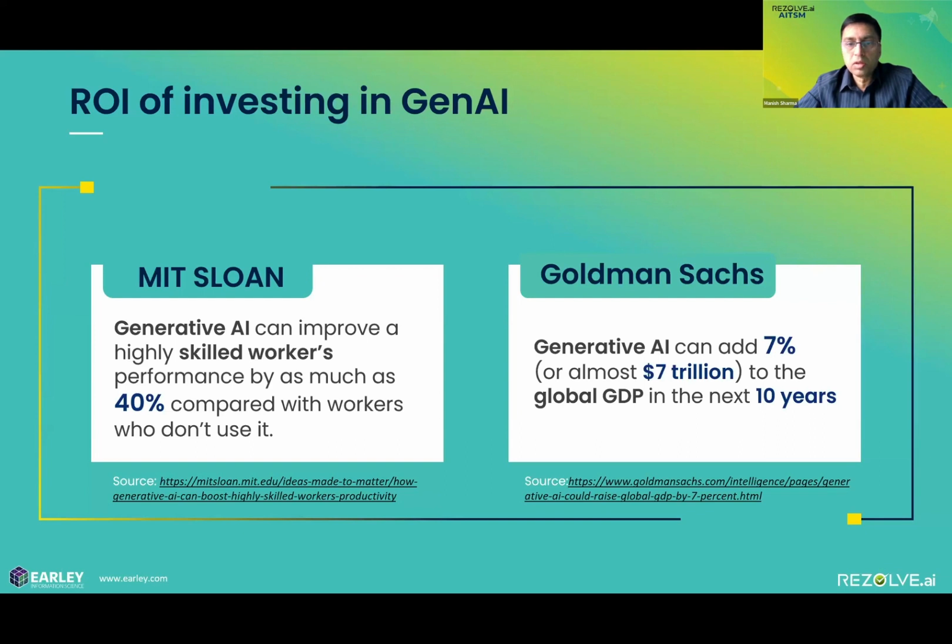Goldman Sachs believes that almost 7 trillion of GDP will be added worldwide. So these are the kind of projections being made right now globally, which is a significant number. What that tells us is this is not something that any organization can avoid. I've heard analysts say don't invest in it at your own peril, and so on and so forth.